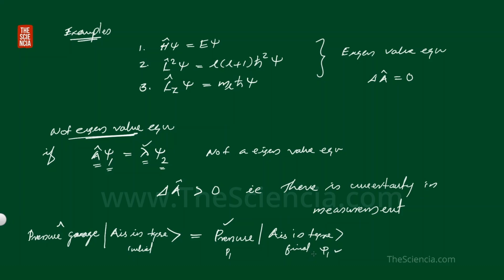When we measure that pressure we get a pressure P2, and the air pressure will have decreased to another level, that is psi 2. This is a classical analogy for understanding the non-eigenvalue equation. But an eigenvalue equation means that after measurement, the state of the system never changes. That is, measuring some property of the system never changes the system. That is an eigenvalue equation.